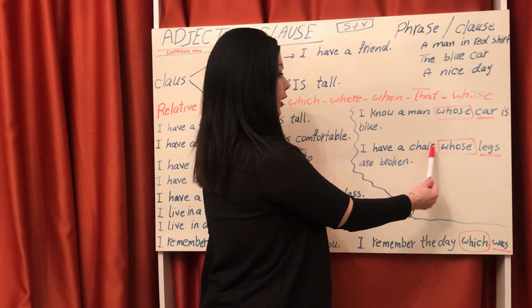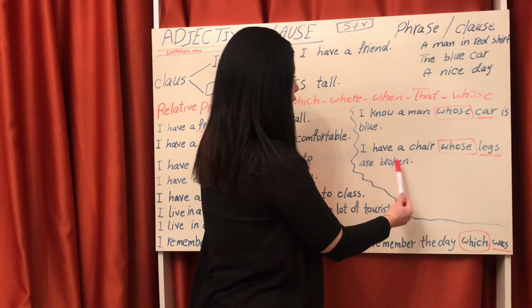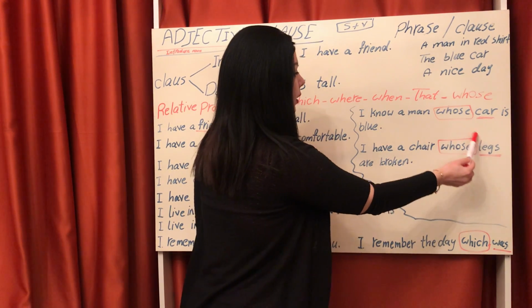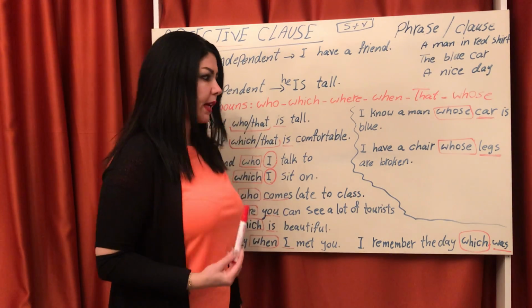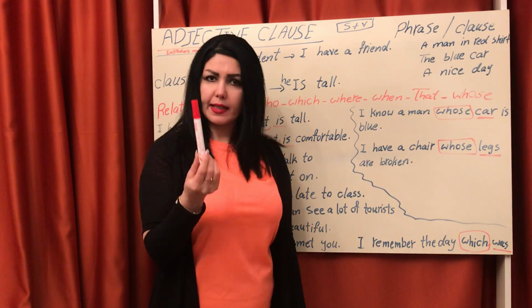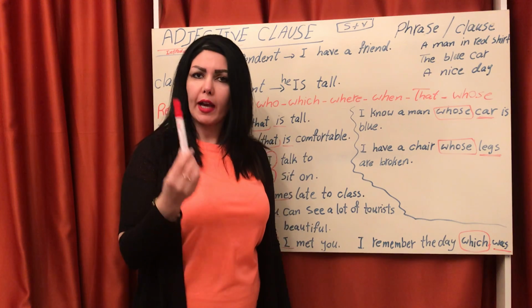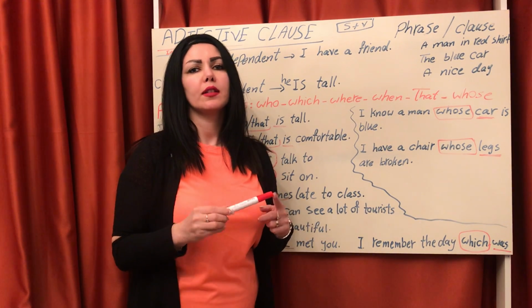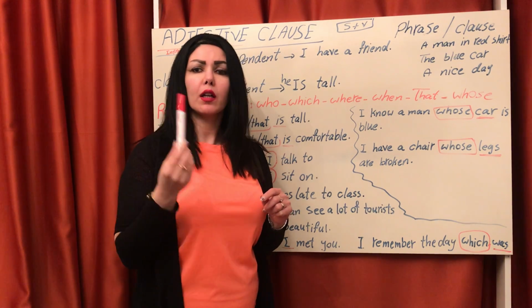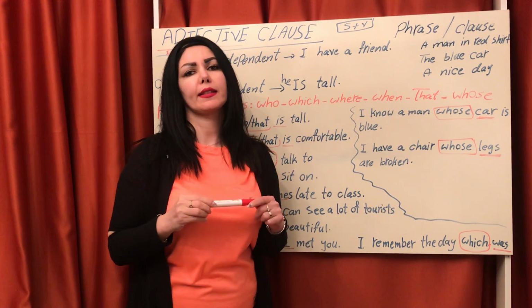I have a chair whose legs are broken. Legs belong to the chair, so we use whose. For example, I said this about my marker: I have a marker whose door is red.